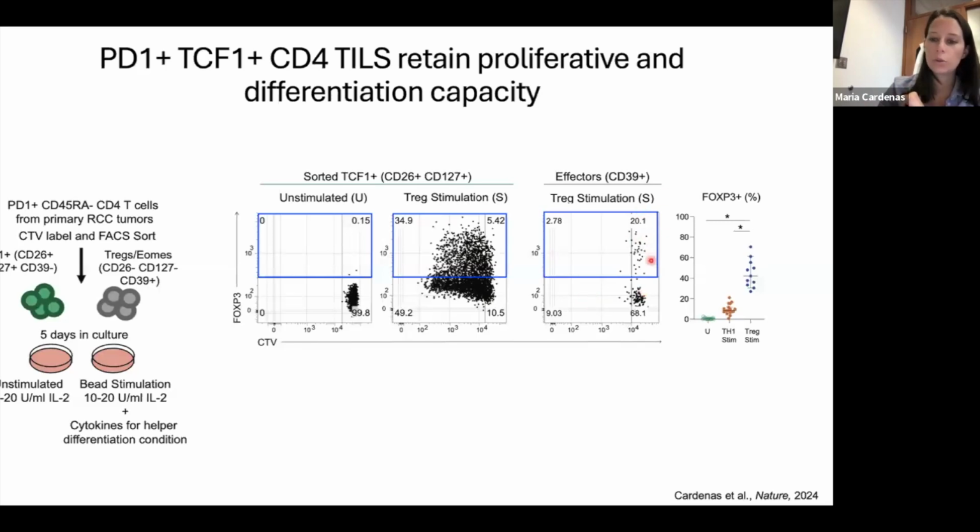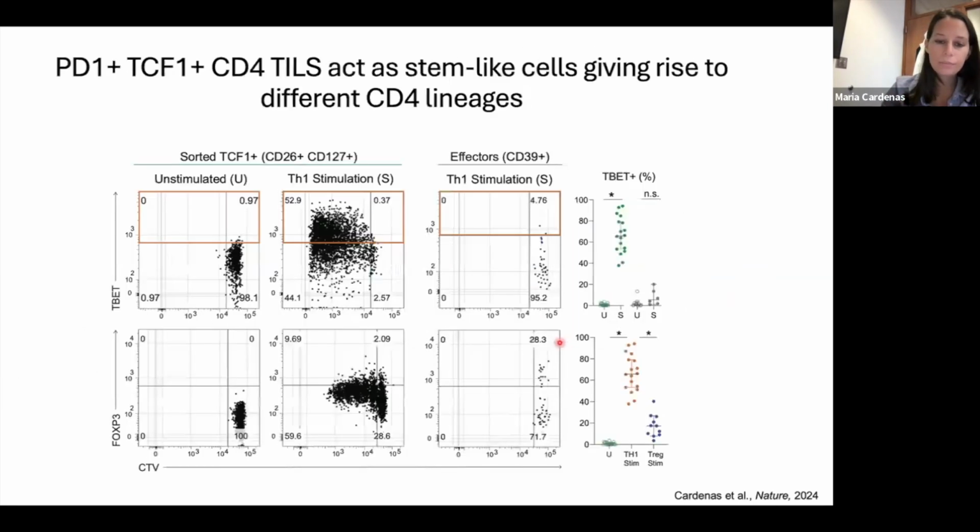So if we originally had 20% Tregs in this population, they maintain that 20%, the rest are EOMES, but they failed to, one, change their differentiation state, and two, they gave up their proliferative capacity. And we can do this with many conditions, right? If we add IL-12 to this bead stimulation, we call this a Th1 stimulation, these cells now instead upregulate the T-bet transcription factor and fail to upregulate FOXP3.